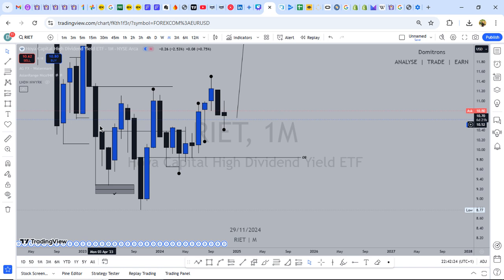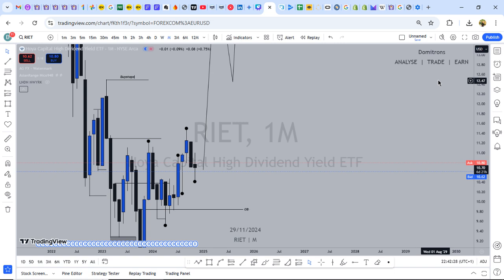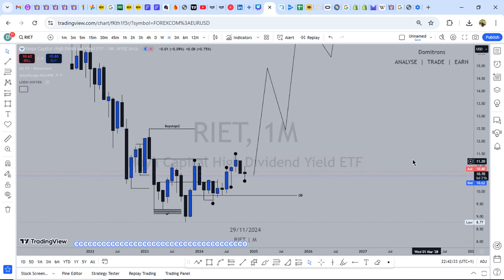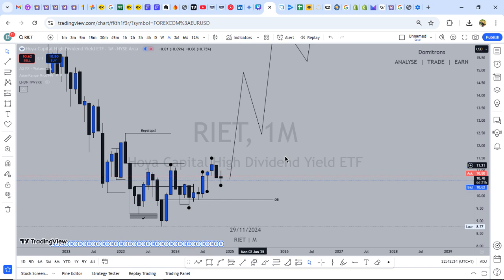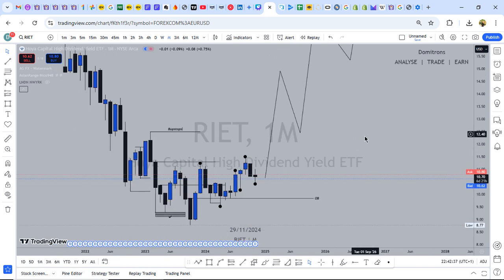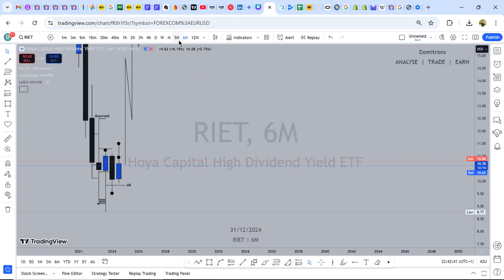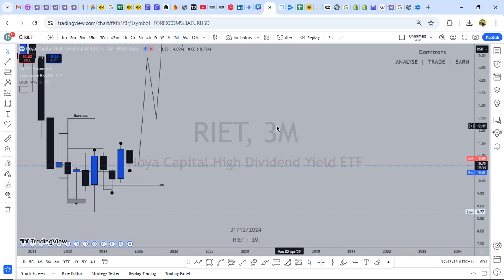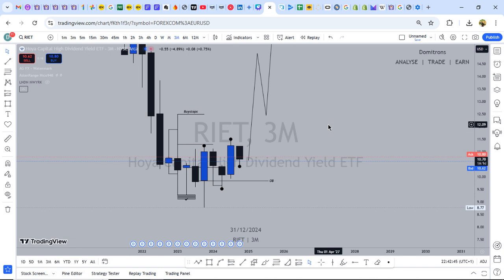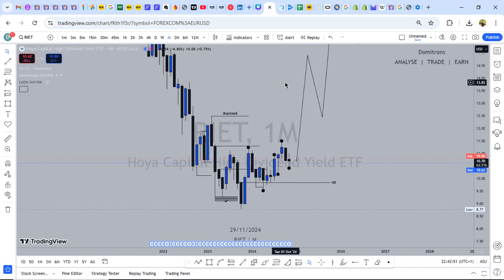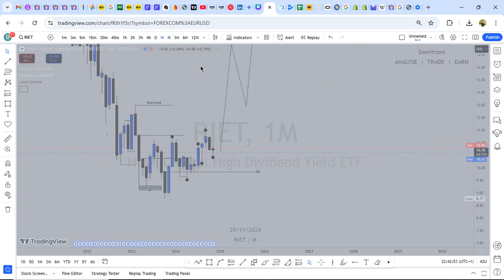So this area of sell side inefficiency has been filled up, and we are now expecting the buy to occur, seeing this as an accumulation phase for us to trade higher. All right, so let's just forget this higher time frame because it is all compressed. We see it clearly from the monthly time frame down to the daily time frame. So let's run to the weekly time frame.